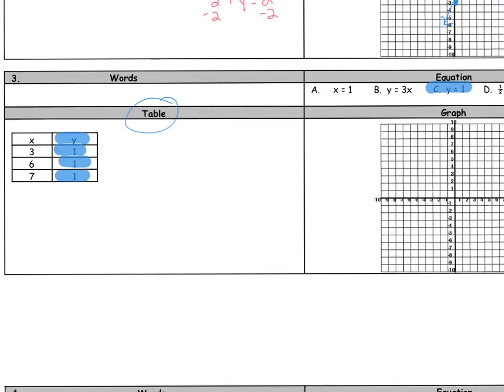Also, you could have graphed the table, so you could have gone over 3 up 1. Oops, let me switch back to my pen here. And you could have graphed 3, 1.